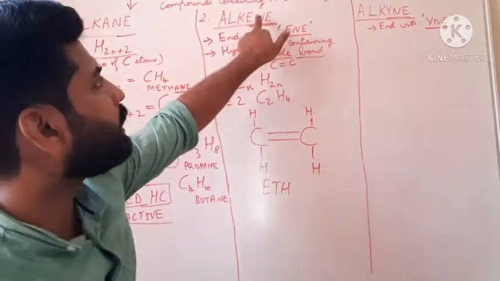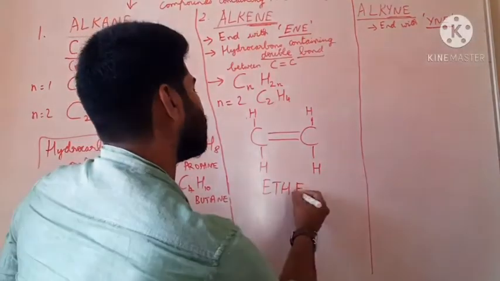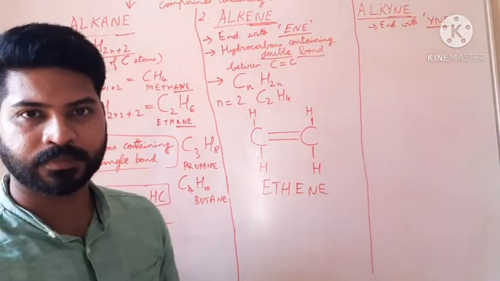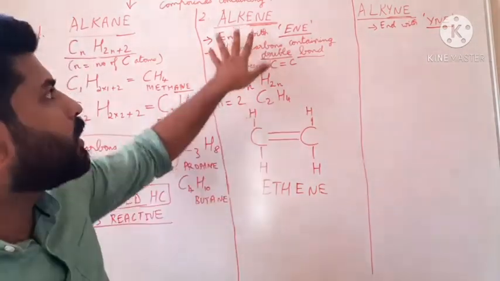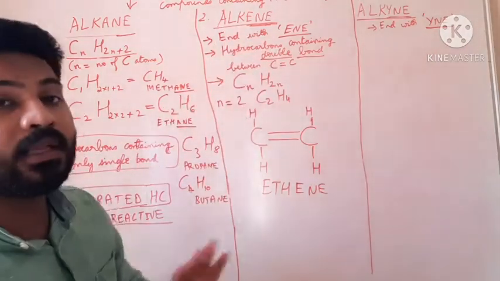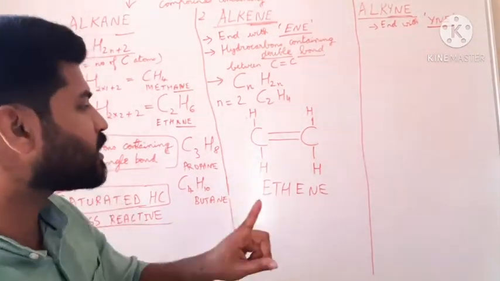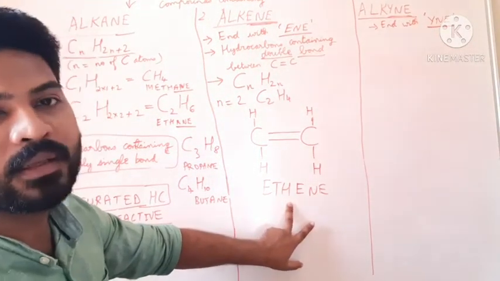Because it is an alkene, the name will end with ene. So its name will be ethene. That is the first member of the alkene family. There is no methene. That is not possible. So the first member in the alkene family is ethene.